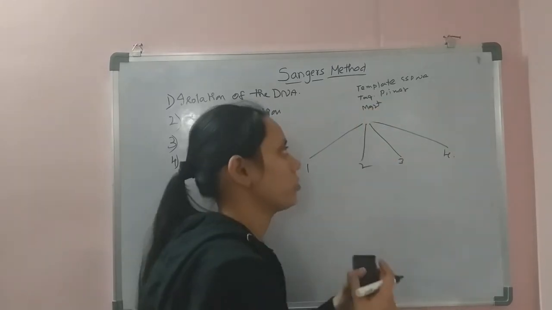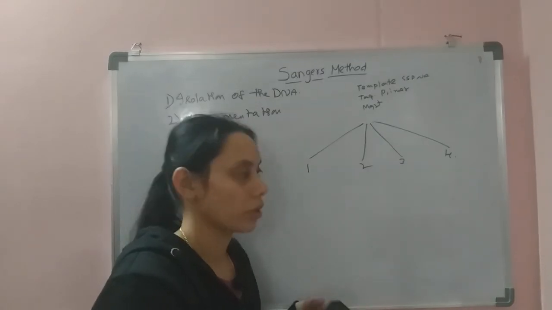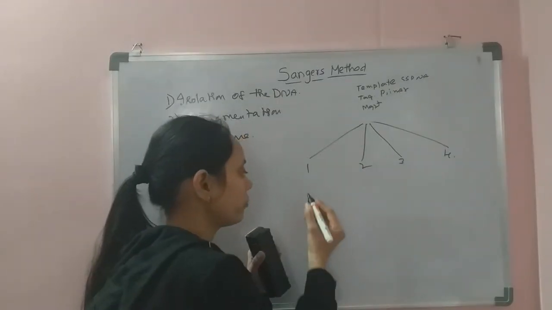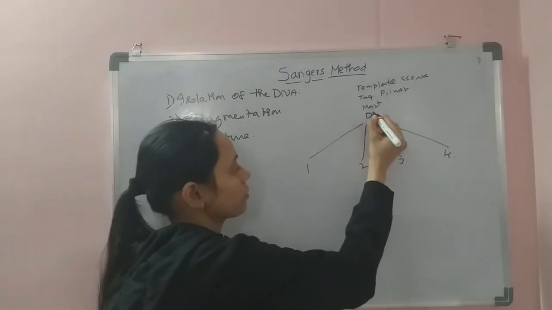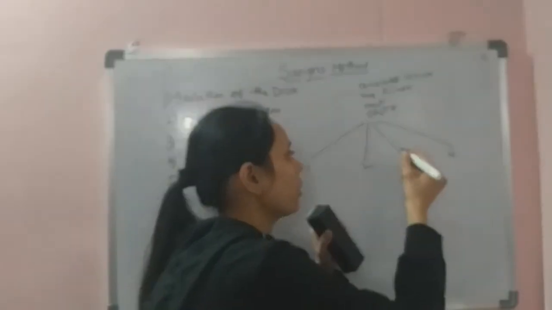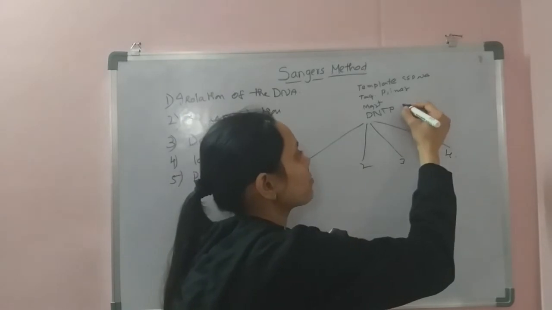Whatever the common ingredients for the PCR reaction may be, we add them. Here all are added, dNTPs are also added, and along with the dNTPs we add these ddNTPs.